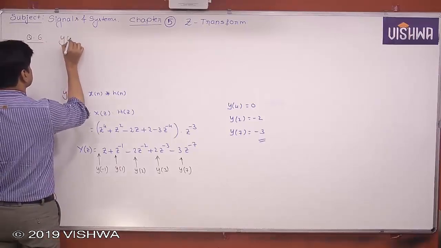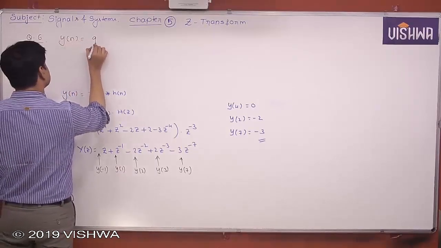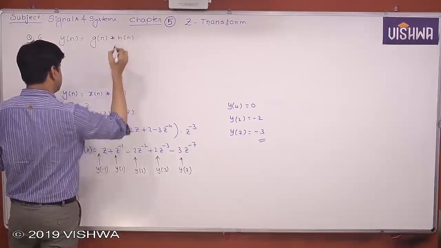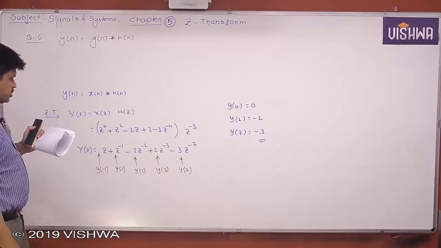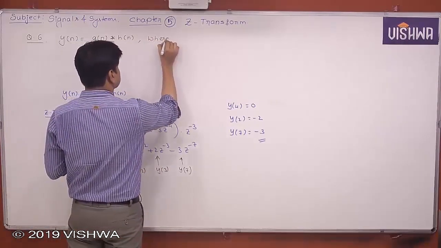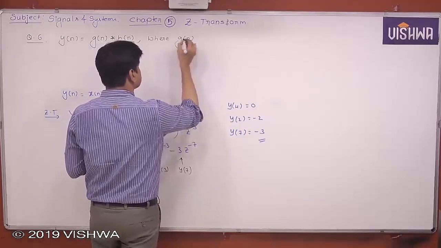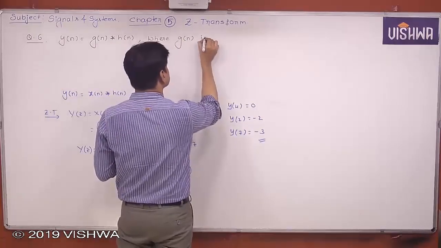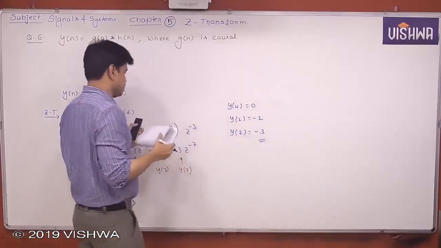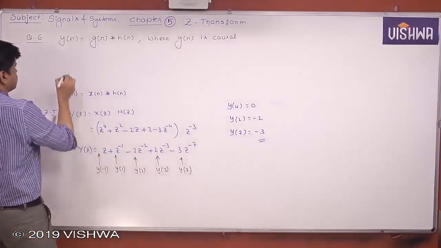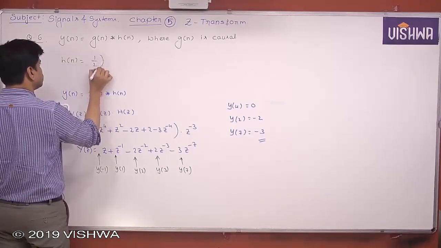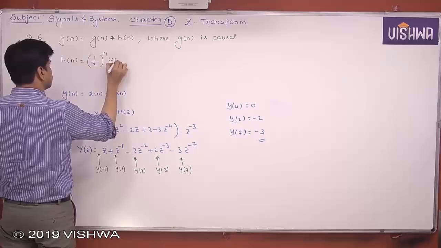Y of n is equal to g of n convolution with h of n, where g of n is causal. H of n is equal to 1 by 2 whole power n u of n.